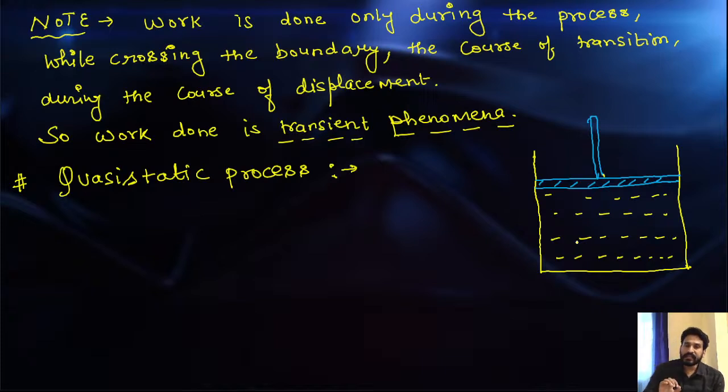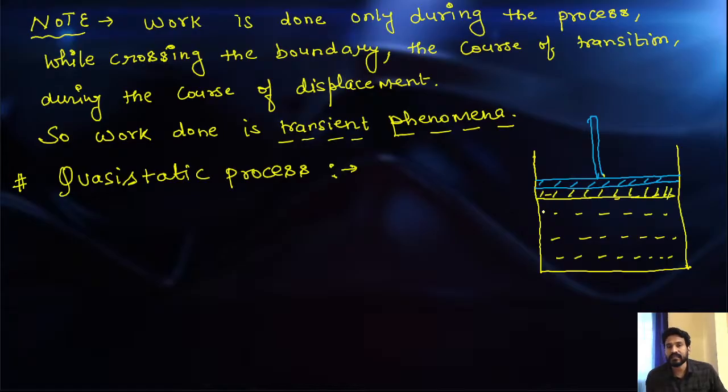Instead of sudden compression, do one thing: compress this by a very negligibly small value. Is it clear to you? Initially the piston is here. Now just compress this gas by a very small amount.